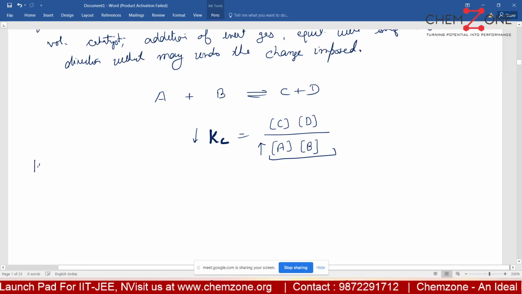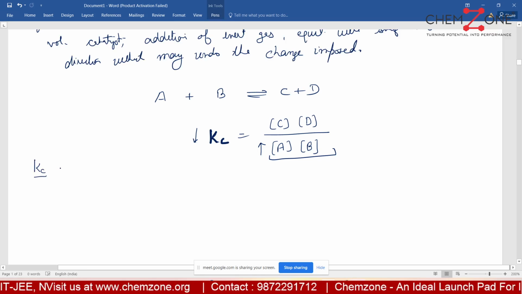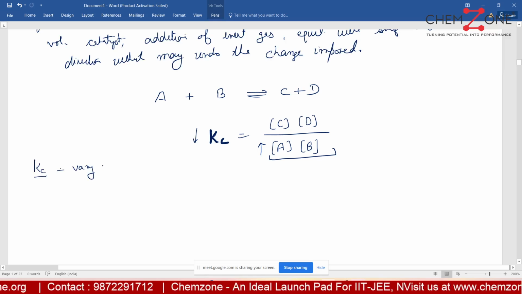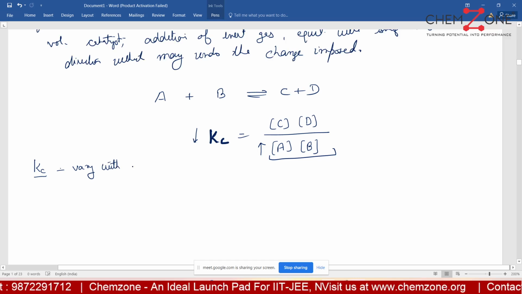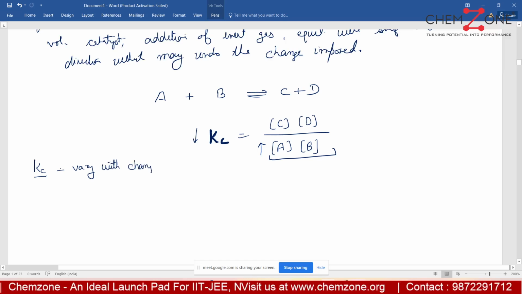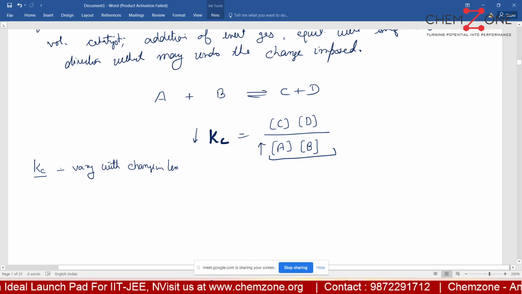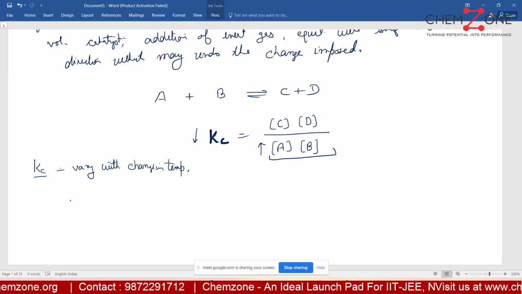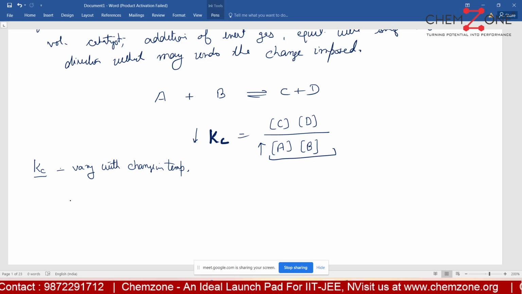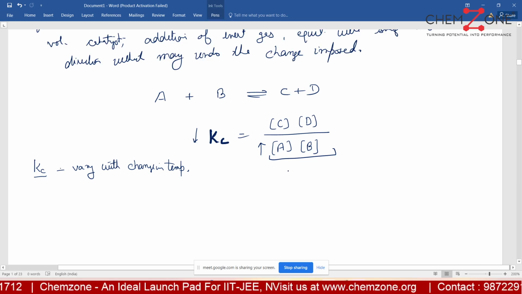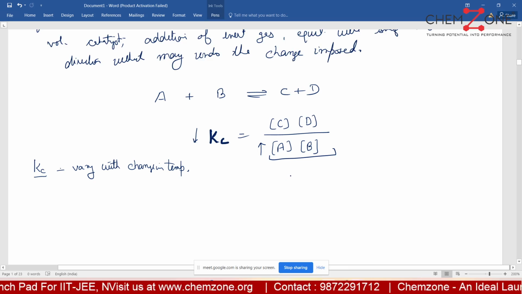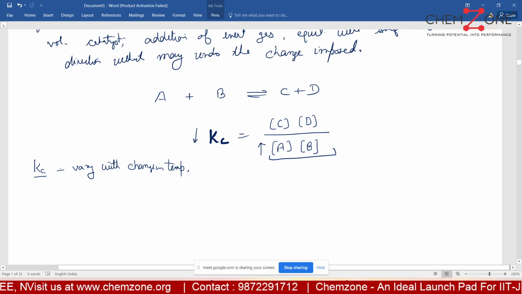Yes, Kc has one property: Kc changes only with the change in temperature. It is a property of the equilibrium constant. So the Kc value should not decrease.